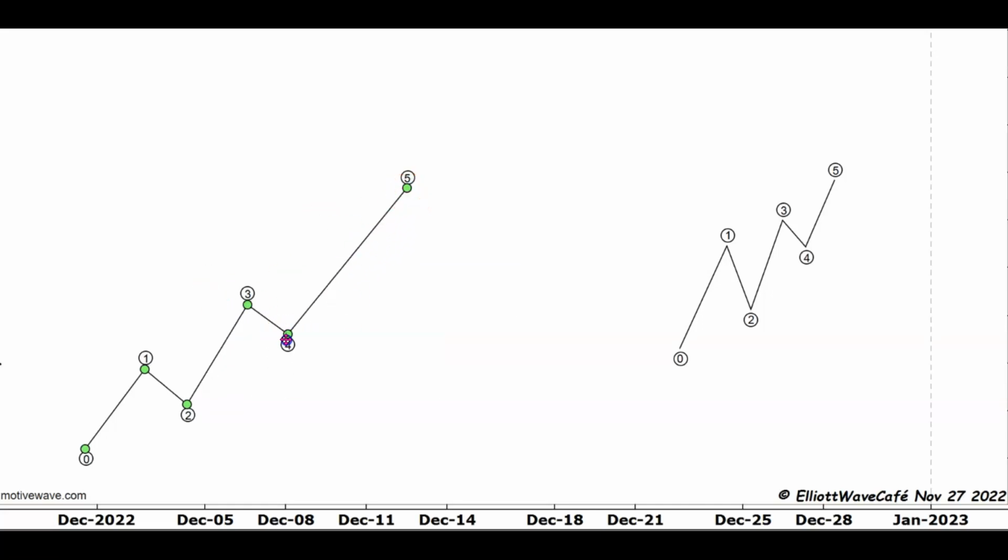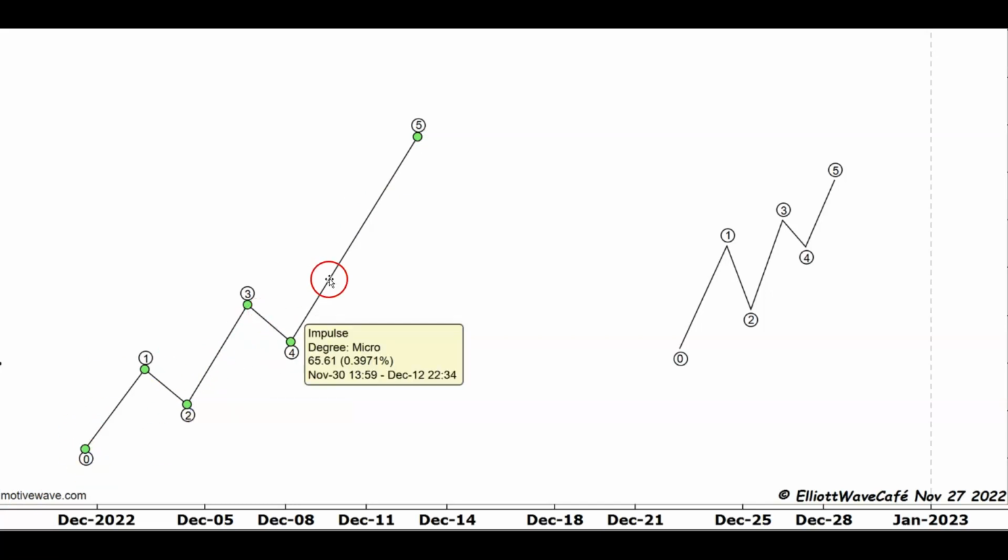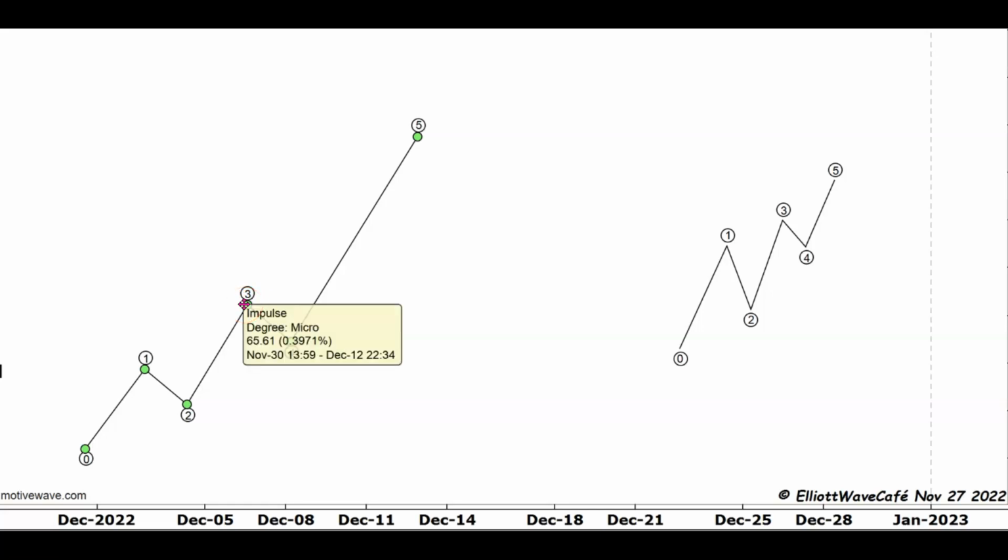Usually when this happens, you're going to get more of an extended fifth wave, a little bit higher than that. When you have equality between wave 3 and wave 1, you're going to get a wave 5 that's much, much longer. So as long as wave 3 is not the smallest wave in the sequence, you do not have a rule violation in the Elliott wave sequence.